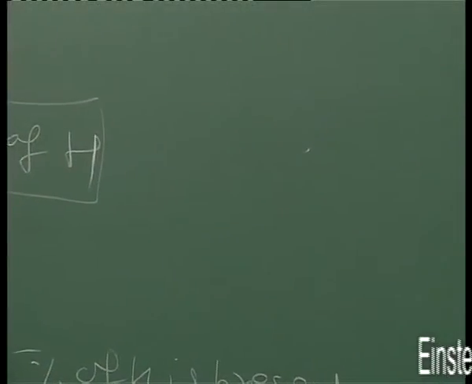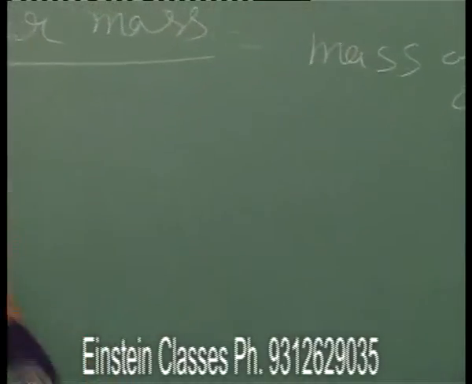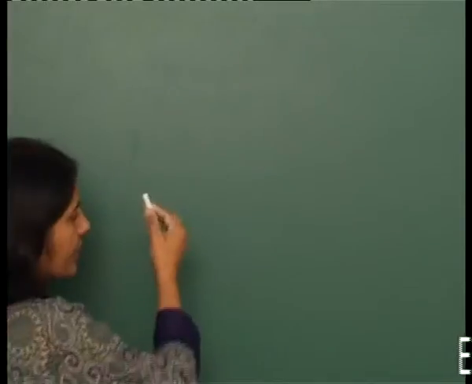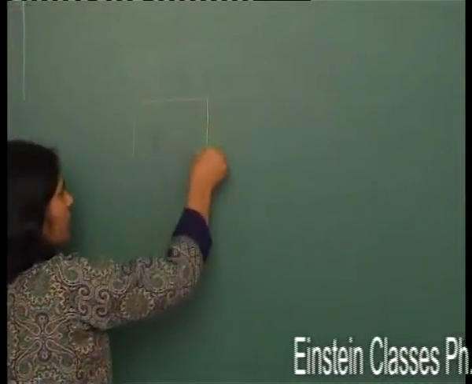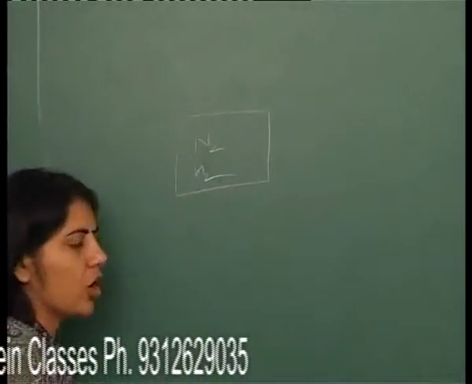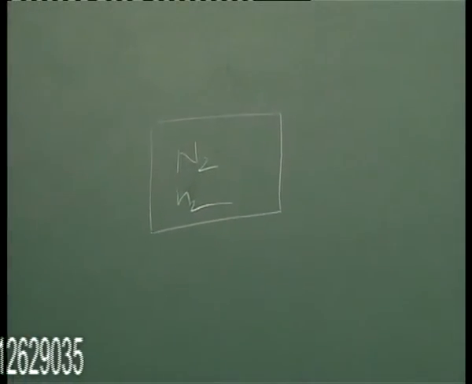Now next, we are going to apply the mole concept on the balanced reaction. Initially I explained that if we take nitrogen and hydrogen in a container, then how much ammonia is formed in the container.